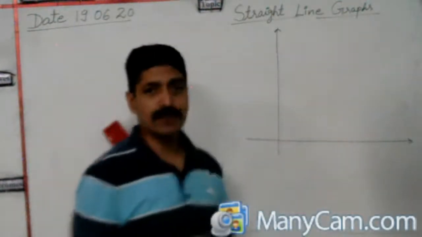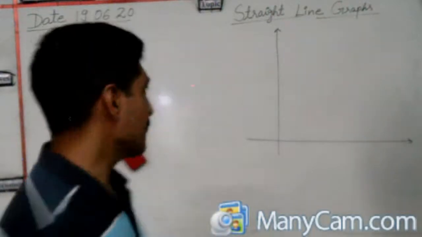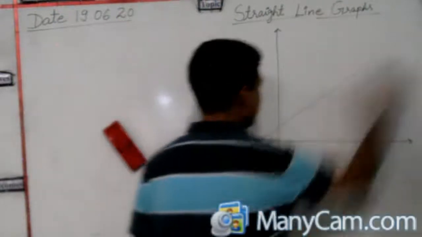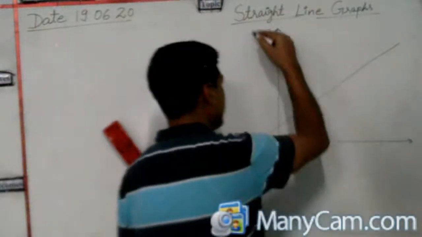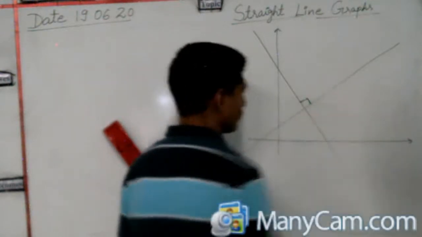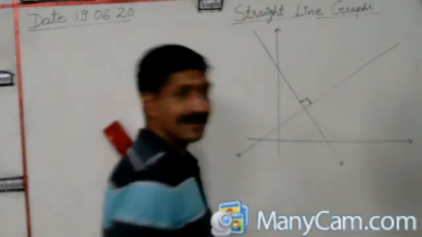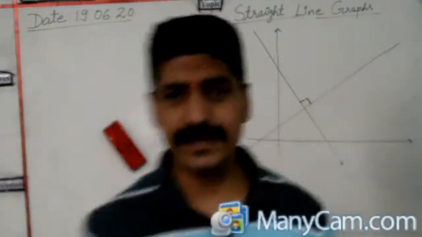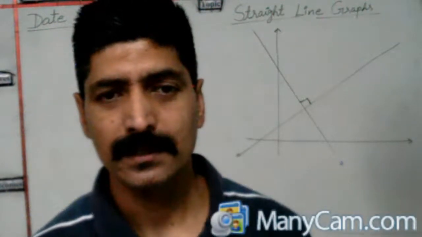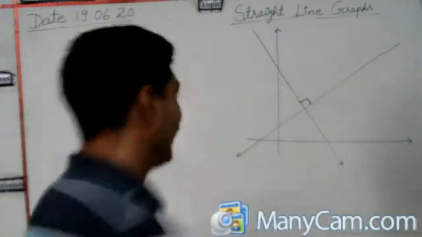If we have two lines which are perpendicular to each other, suppose we have one line here in this way, and another line here, they are perpendicular to each other, then we have a relation between their gradients, between their slopes.